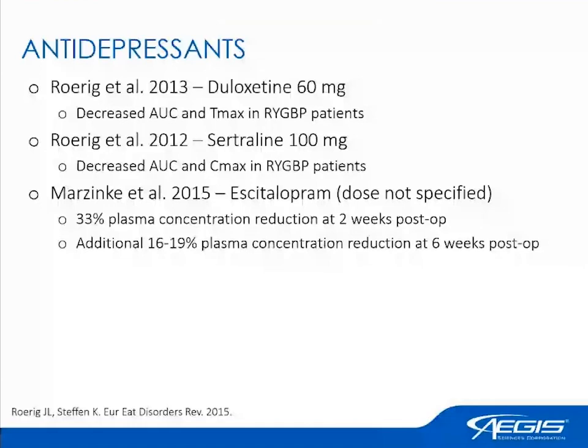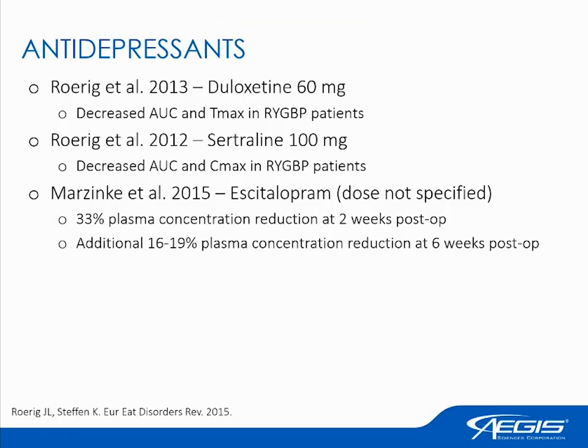And what they concluded was that there was a reduction in area under the curve. So we have less exposure of the medication to the patient's body, but also a decrease in Tmax. So you have a faster onset. That Tmax was 6 hours versus 2 hours, respectively.